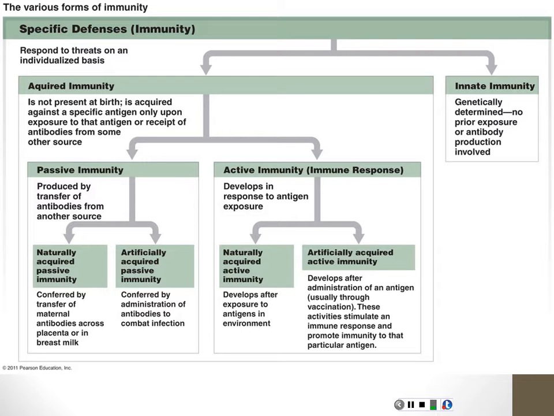And so as we move then into the other branch, we'll see that instead of a long list of different kinds of defenses, the acquired system uses a few key mechanisms to create sort of a custom-made immunity to each and every pathogen that we experience. Okay. So as we break out the specific defenses a little further, we see that we essentially have two categories.